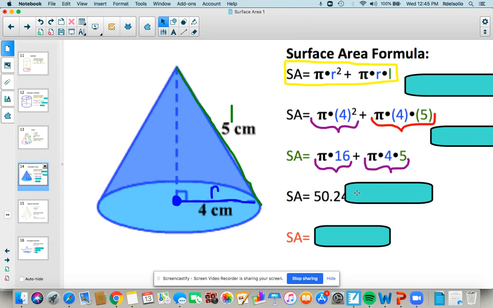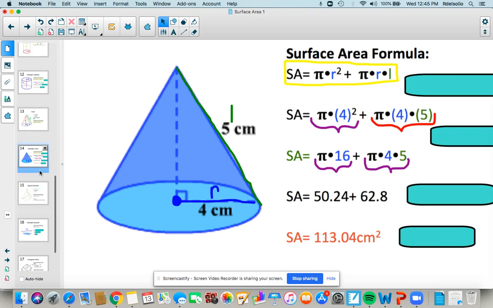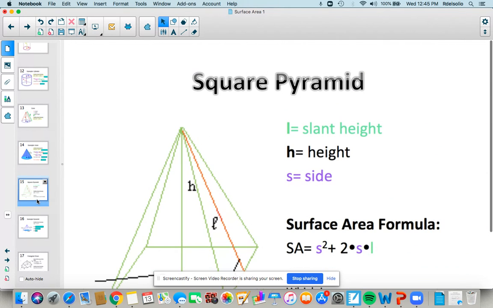So pi times 16 is 50.24, and pi times 4 times 5 is 62.8. Our last step is just to add those two numbers together, 50.24 plus 62.8, and that is 113.04 centimeters squared. So that is how you find the surface area of a cone.